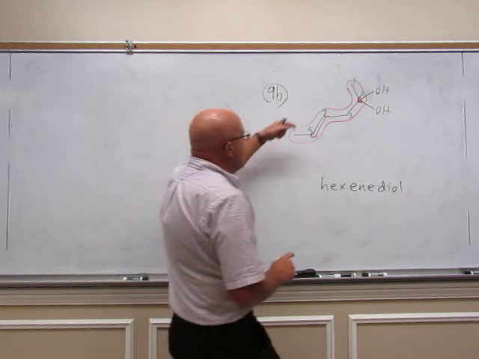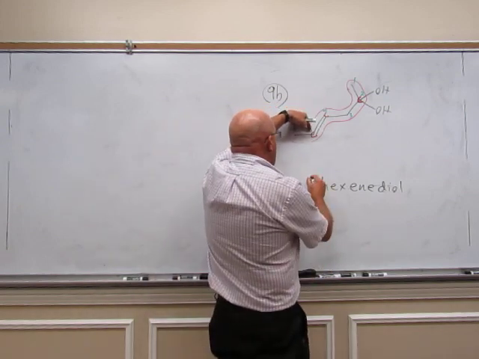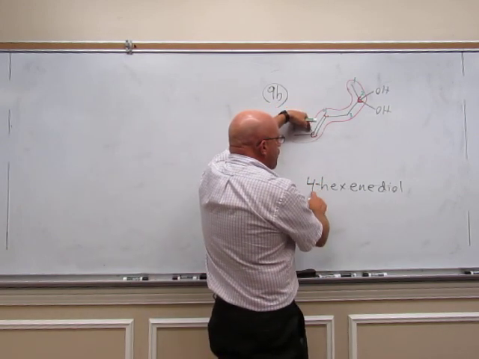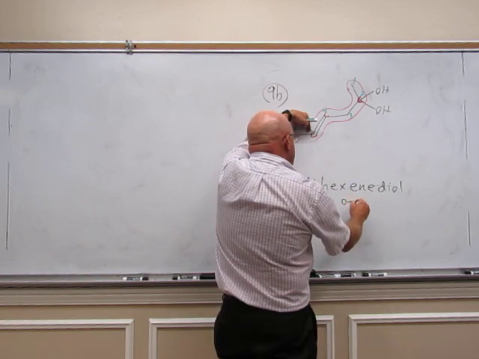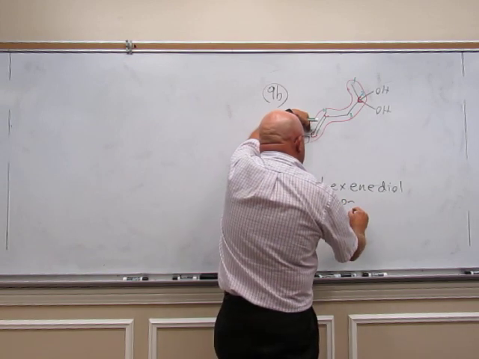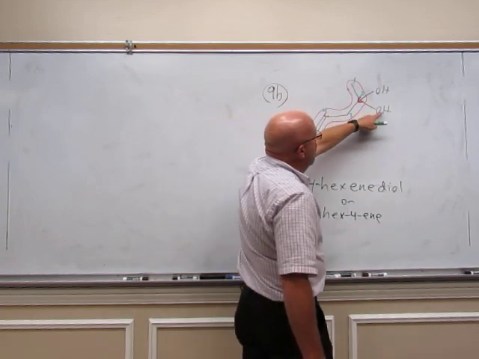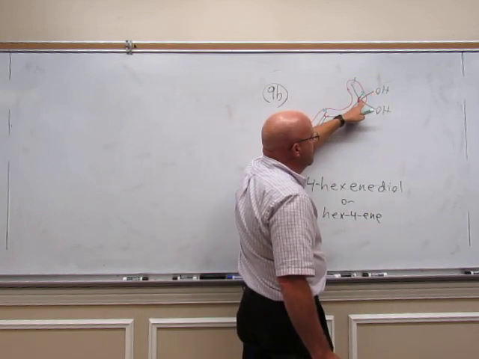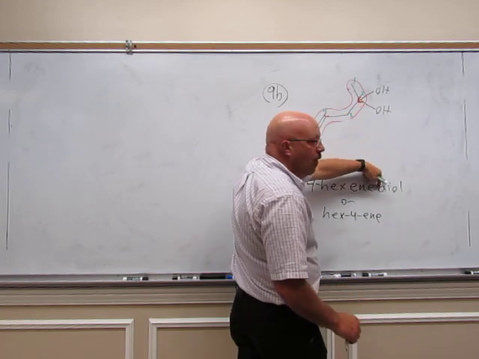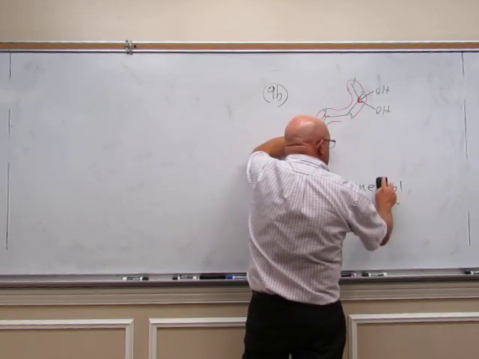The alkene starts on carbon number 4. You can put the 4 in the front, or you can put the 4 in front of the ene. The alcohols, both of them, are on carbon number 2. That will go right in front of the diol.